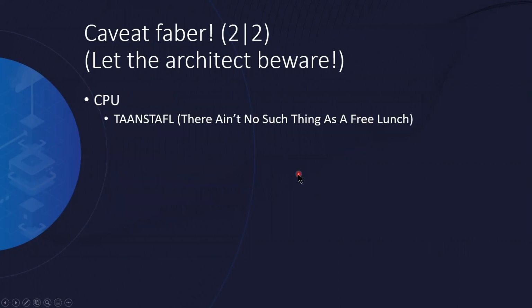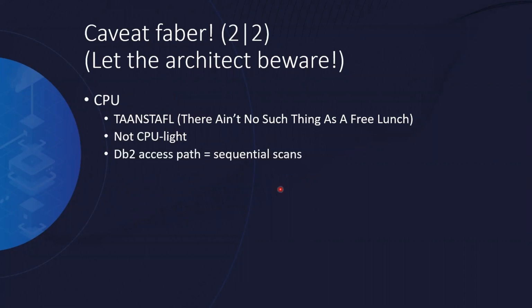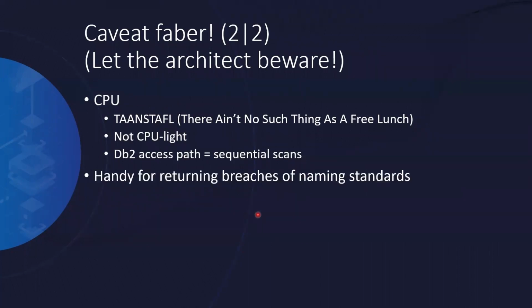CPU: there's no such thing as a free lunch. Regular expressions are very, very powerful, but they're not CPU light. If you're using it in DB2, it will sequentially scan the result set. It's very handy for returning breaches of naming standards.